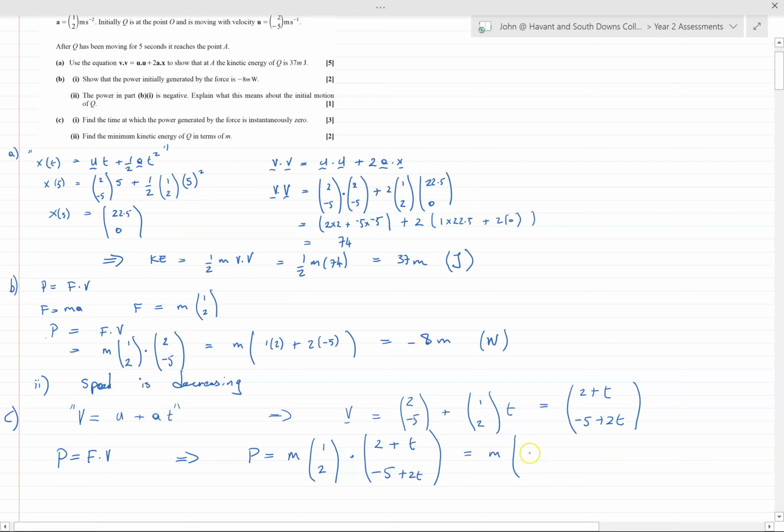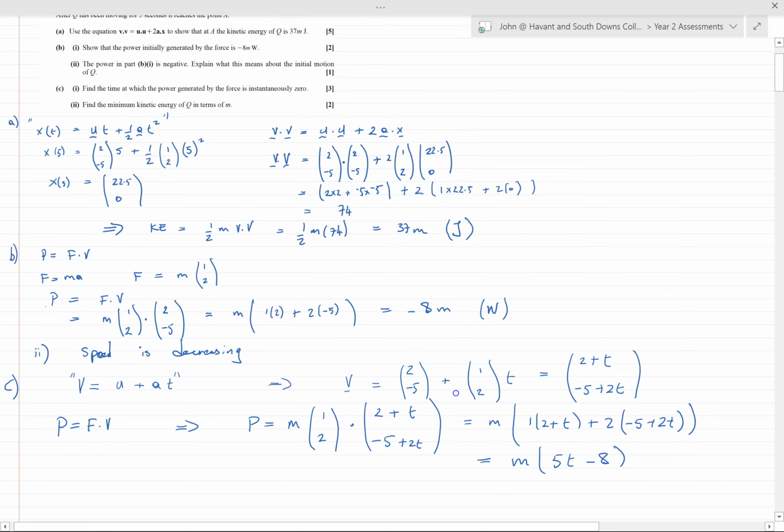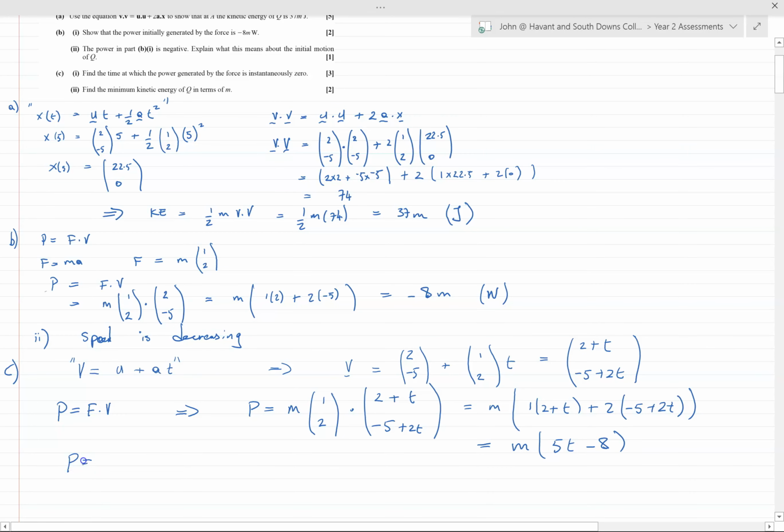That's m times 1 times (2 + t) plus 2 times (-5 + 2t). So that equals m times (t + 4t), so that's 5t, and 2 minus 10, so that's minus 8. So P equals 0 when 5t minus 8 equals 0, which is when t equals 1.6.